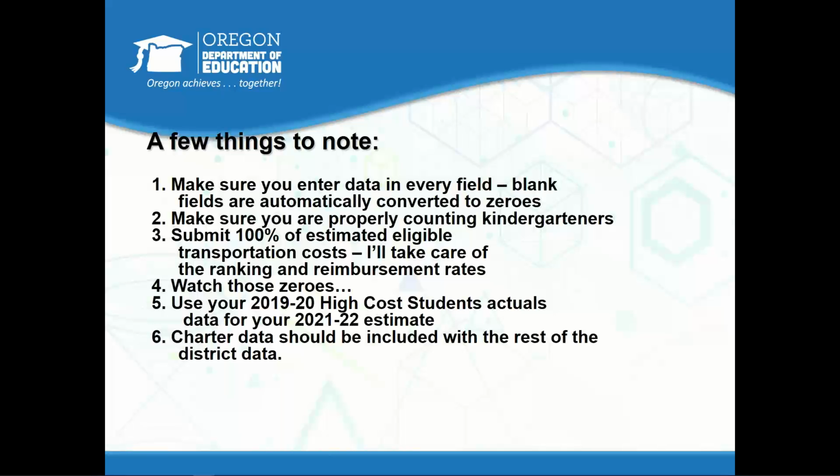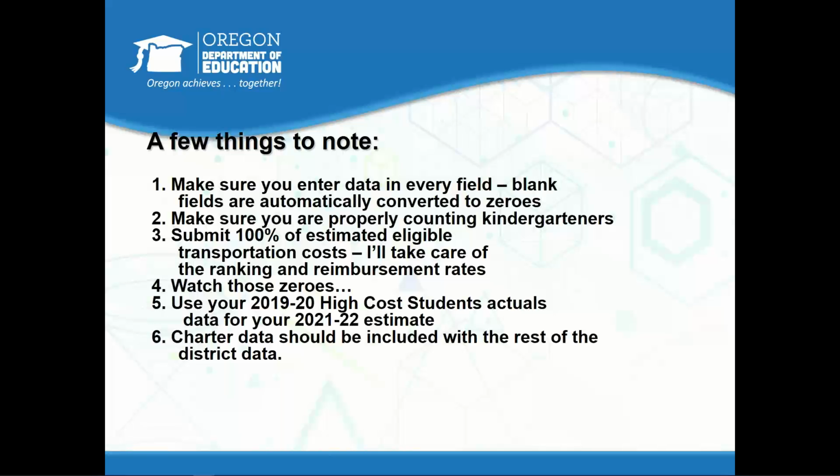Watch those zeros. What that means is that when you submit your data, there's no commas or decimals. Actually, I think there may be decimals now, but it's hard to type in too many digits in there.